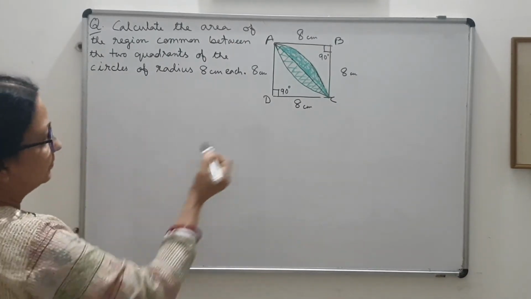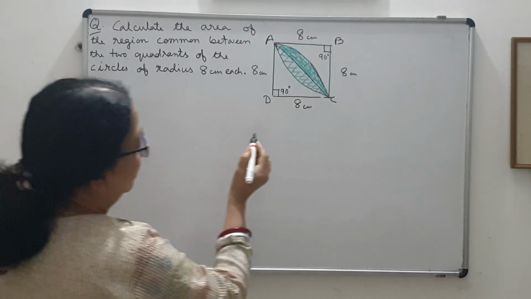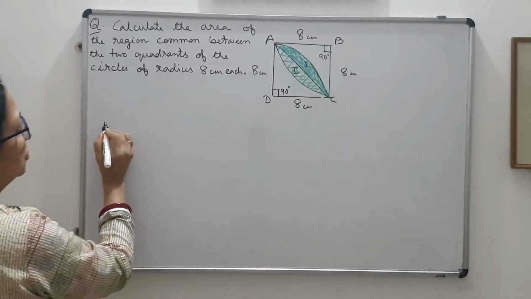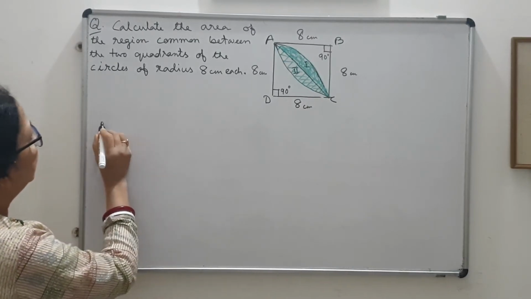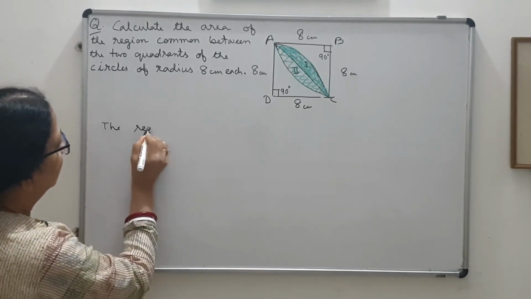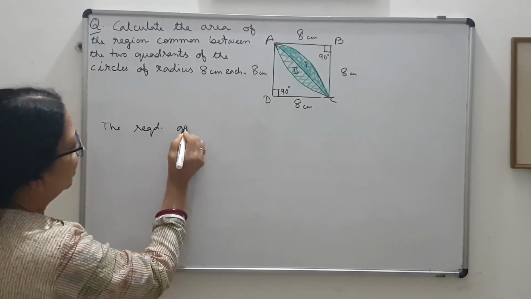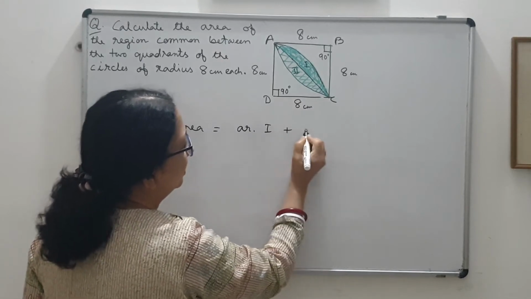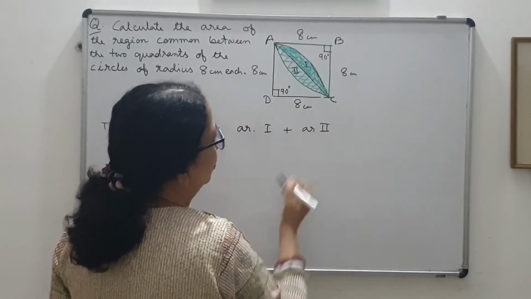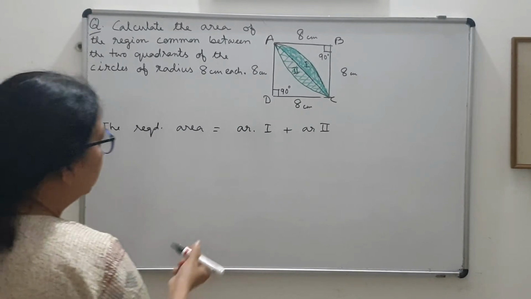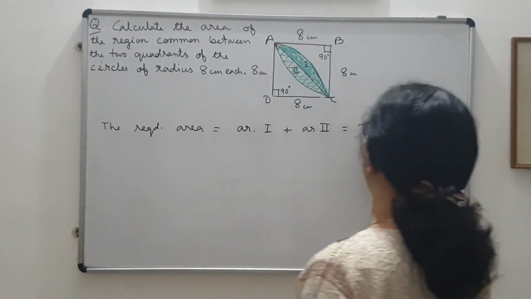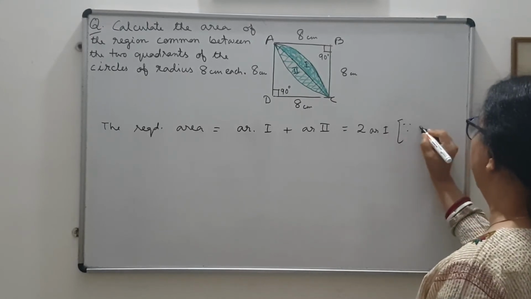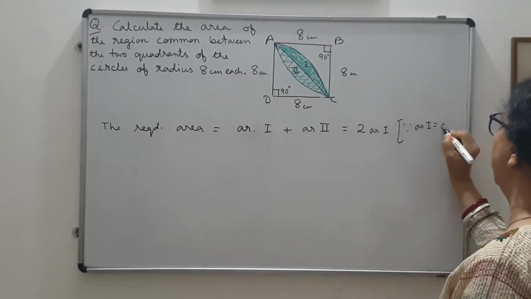So let me give names, say this 1 and 2. That will be easy. So let me write, the required area is equal to area 1 plus area 2, or we can write it this way, twice of area 1, since area 1 is equal to area 2.